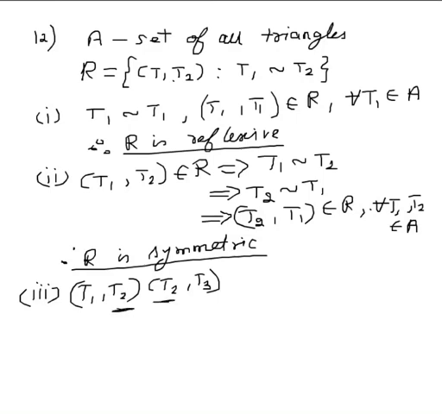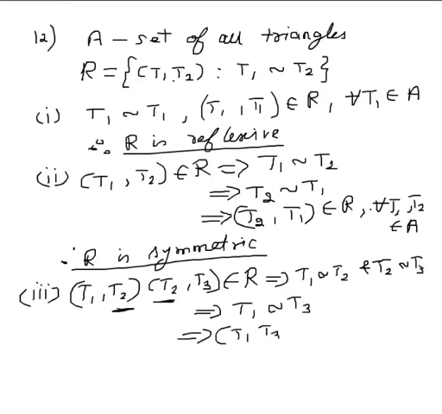That's how we take for transitive relation, which implies T1 is similar to T2 and T2 is similar to T3, which implies T1 is similar to T3.